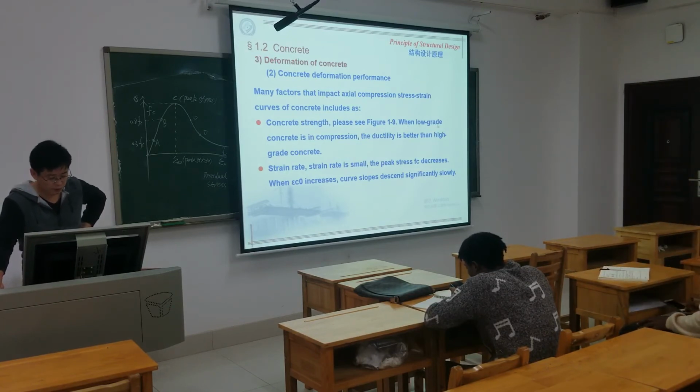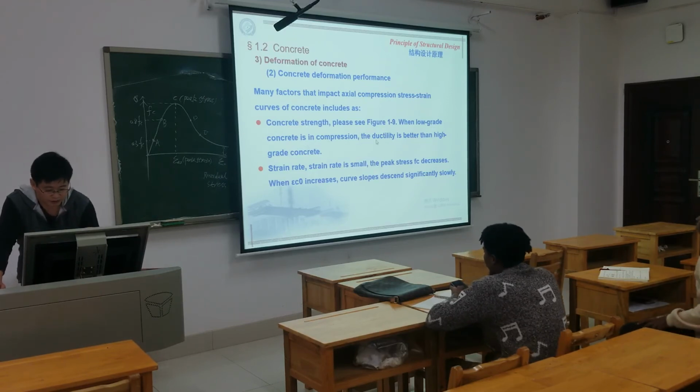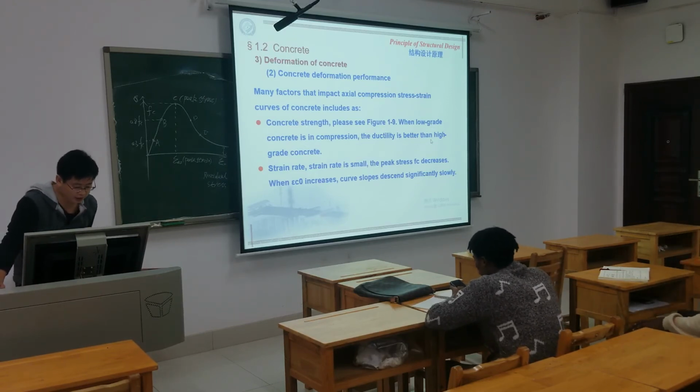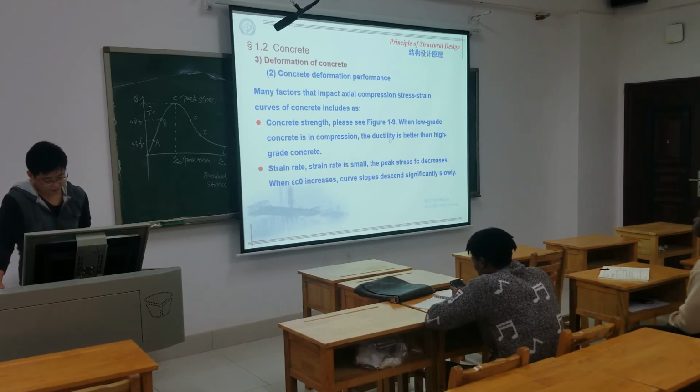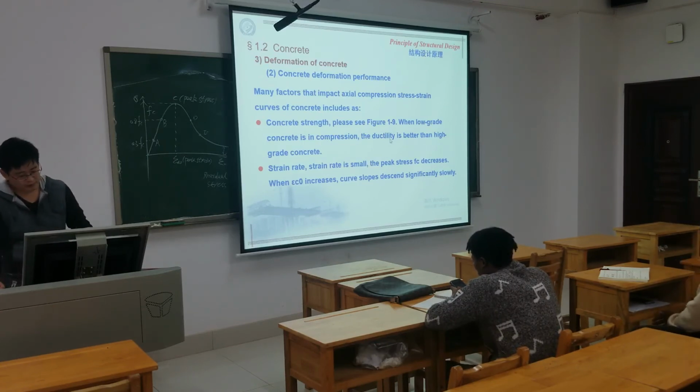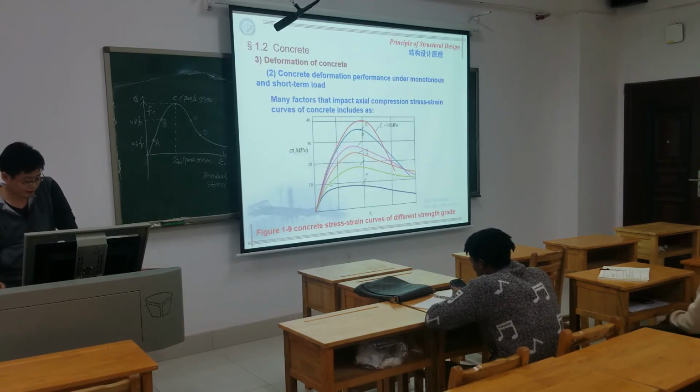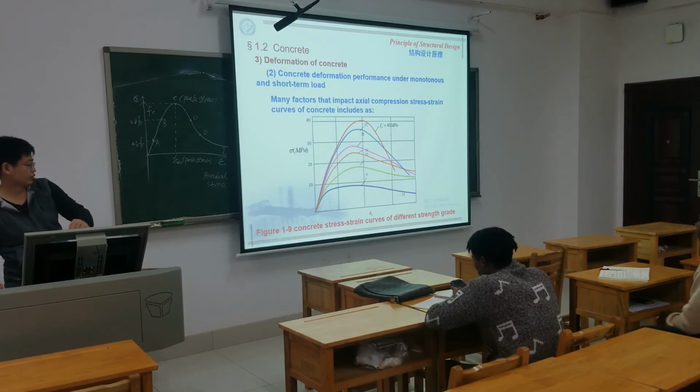So low grade concrete under compression has better ductility than high grade concrete. That means when the concrete grade is lower, this descending part will become more horizontal.